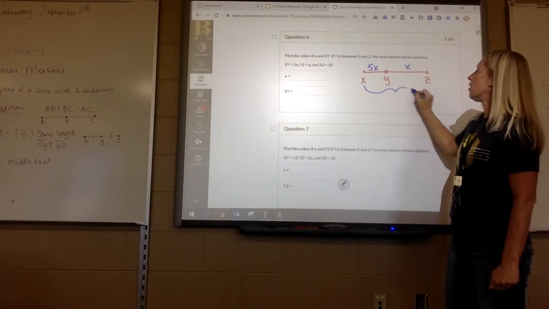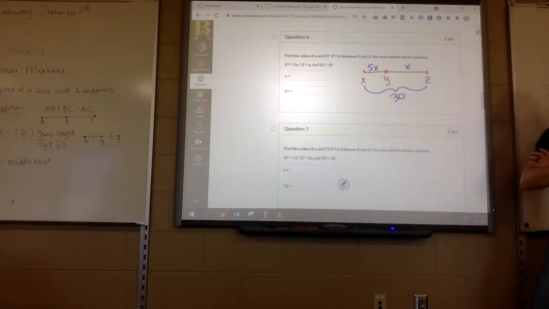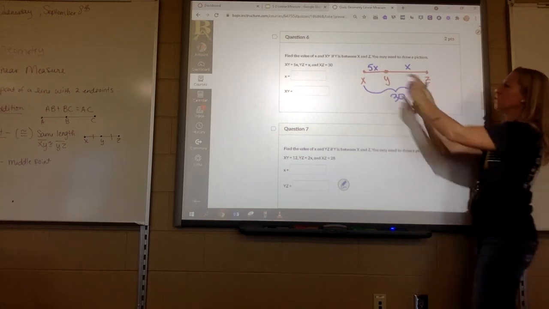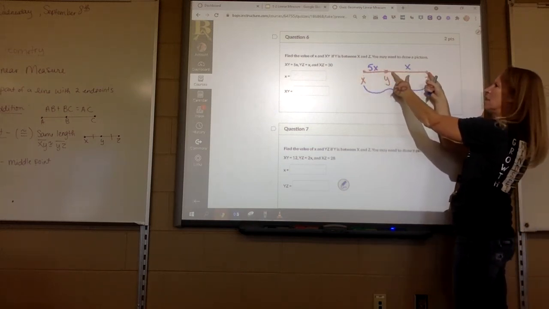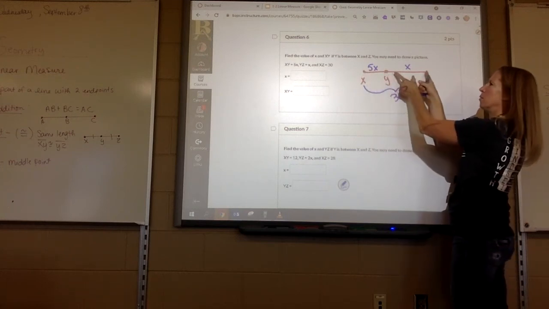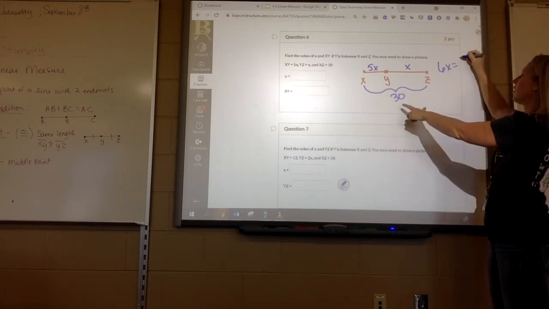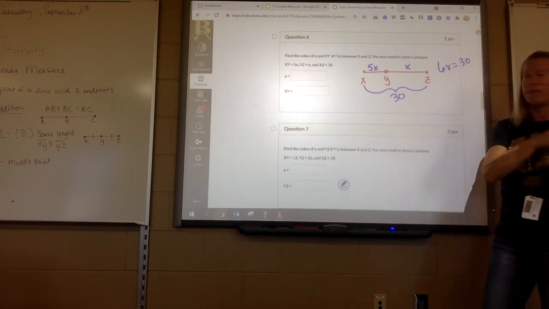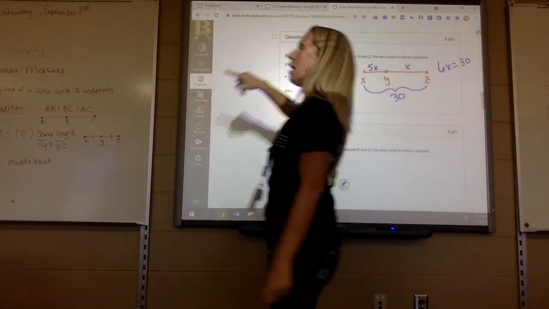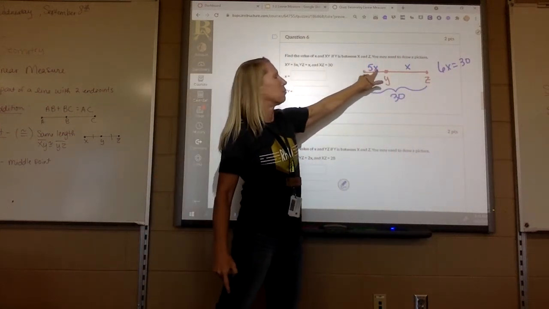And XZ, the whole thing, is 30. So you'd have to do this segment plus this segment to equal the whole thing. So what is 5x plus 1x? 6x. So 6x equals 30. And you solve it for x. Then plug it in to find XY. So you'll do 5 times whatever x is.